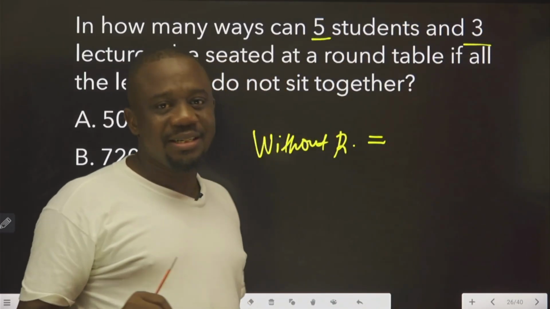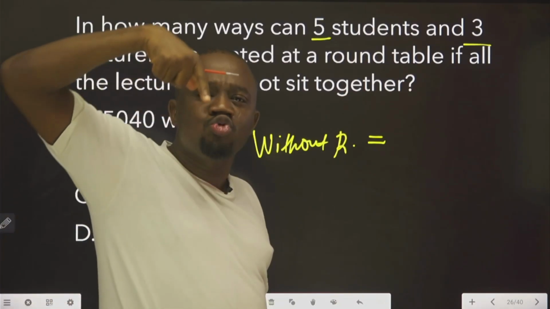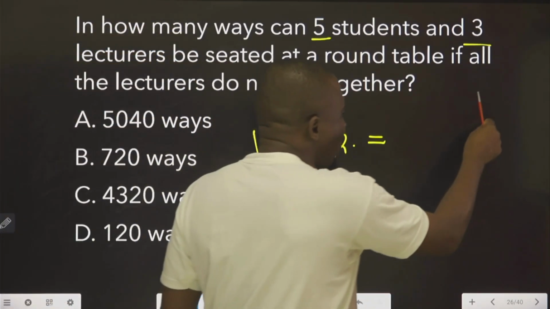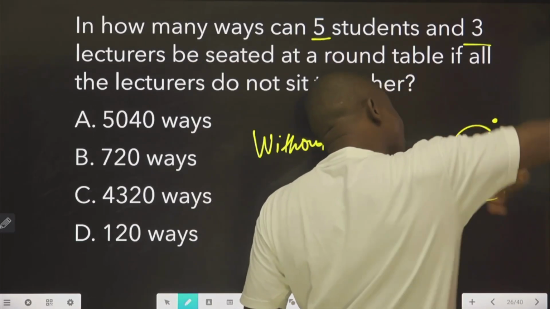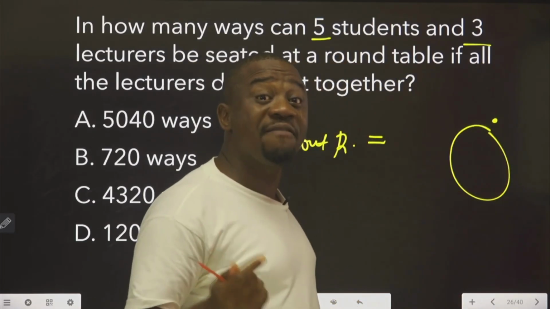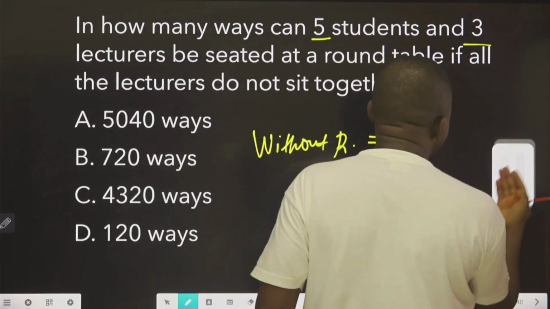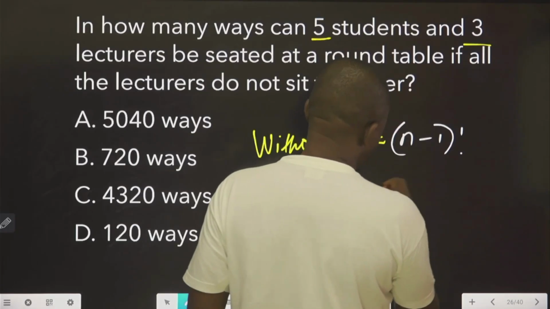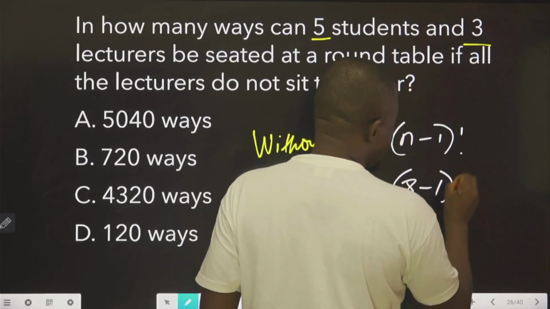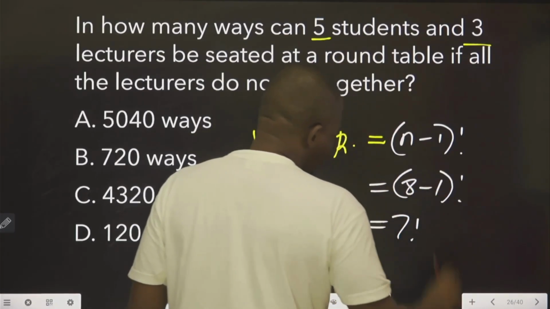Because there are 8 and it's a round table, we fix one person, then we arrange the other ones. Because we are fixing one, we have to say 8 minus 1. That is n minus 1 factorial, which is 8 minus 1 factorial, which is 7 factorial.